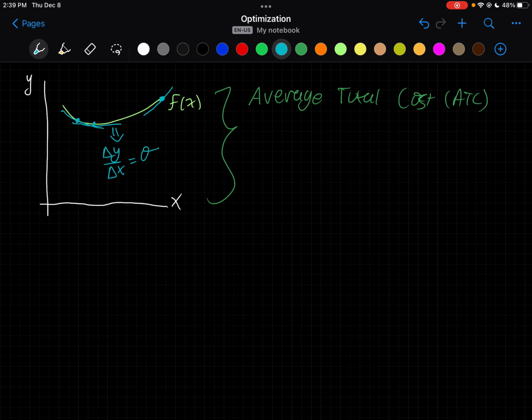It is useful to find where f prime equals 0 in order to see whether the original function, which represents the model that we're trying to optimize, is a max or a min at that point. And so now I'm going to describe the general process.